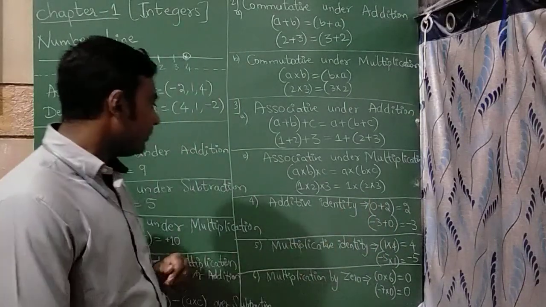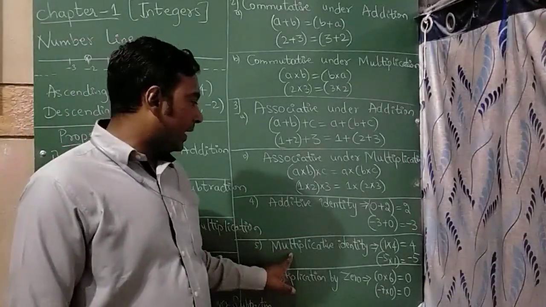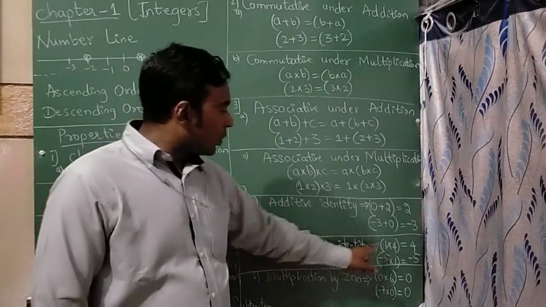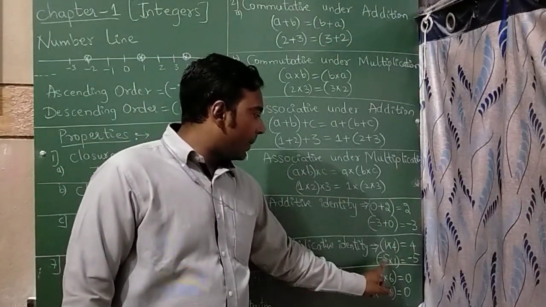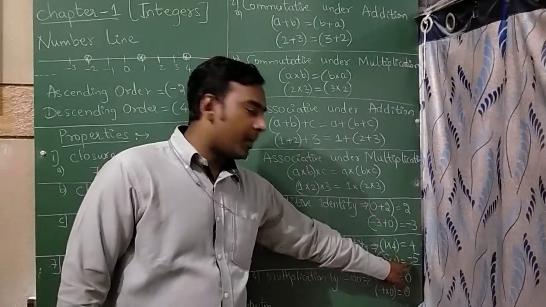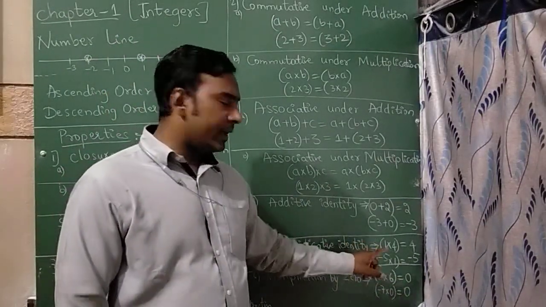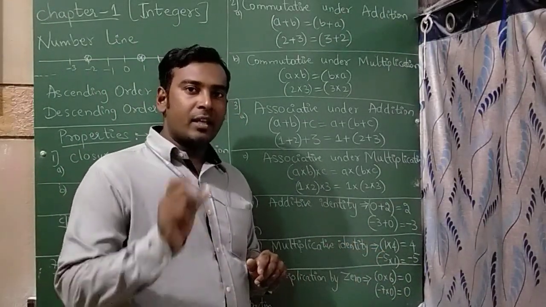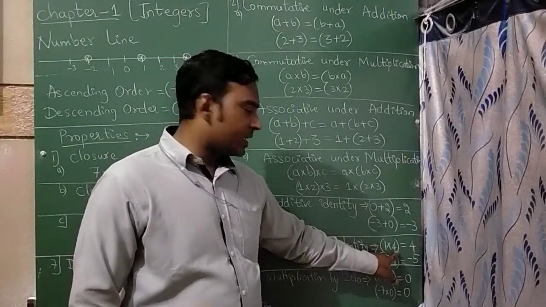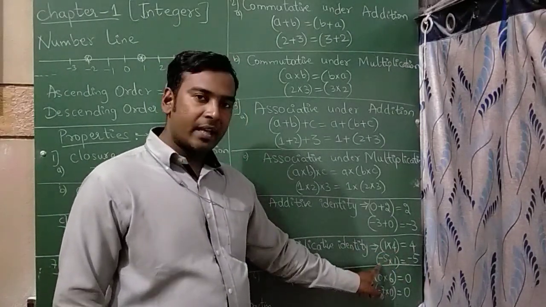Fine. Now in the multiplicative identity, 1 into 4 is 4 and -5 into 1 is -5. It means that in multiplication, if you multiply any number by 1, then you get the same number, whether it is a positive number or a negative number.